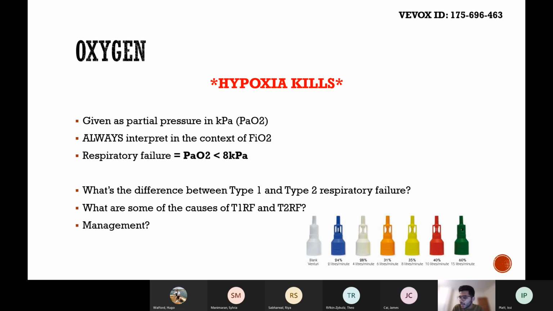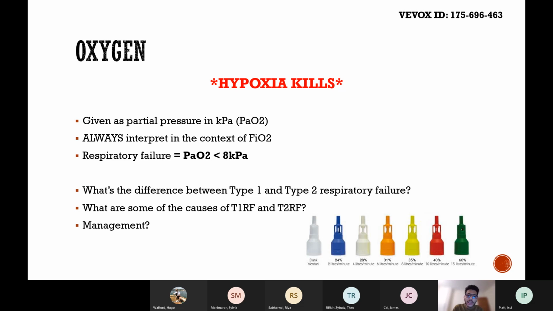And just in the chat, could anybody tell me what the difference between those 2 types is? Yeah, exactly. Great. So both of you are absolutely right. So in type 2, you have hypercapnia, and in type 1, you have normocapnia. So you've got normal carbon dioxide.